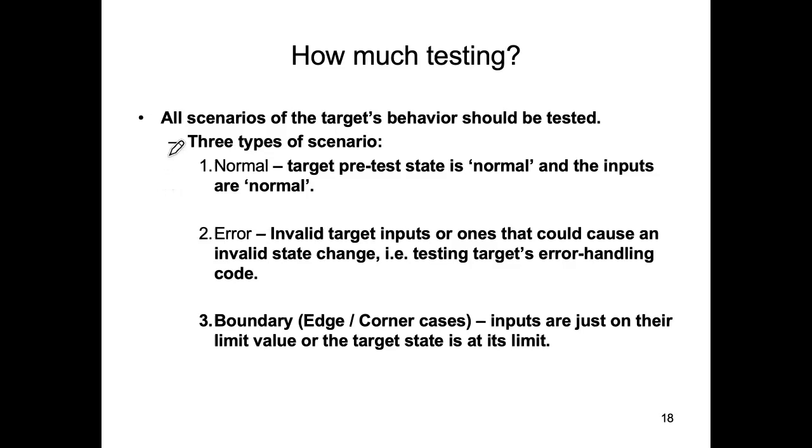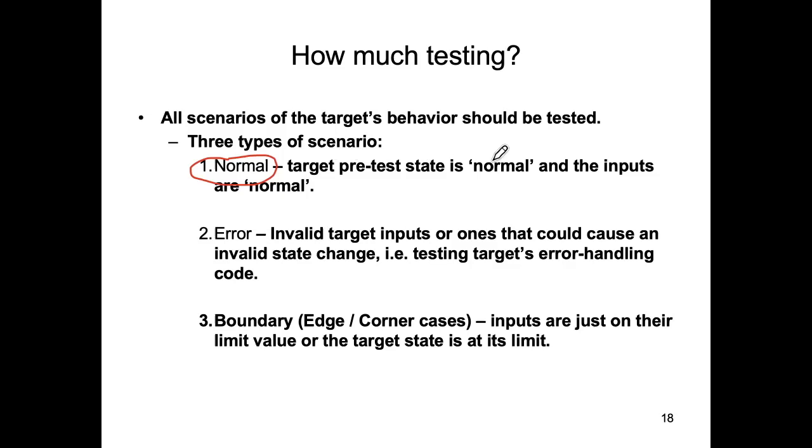So I'm saying there are three types of scenarios that you need to consider for the particular target method, let's say, that you are testing. First of all, you've got to ensure that you cover what are called the normal cases for that target method. Now, the normal cases means that the target's pre-test state, in other words, that array of products in the case of the catalog, is normal.